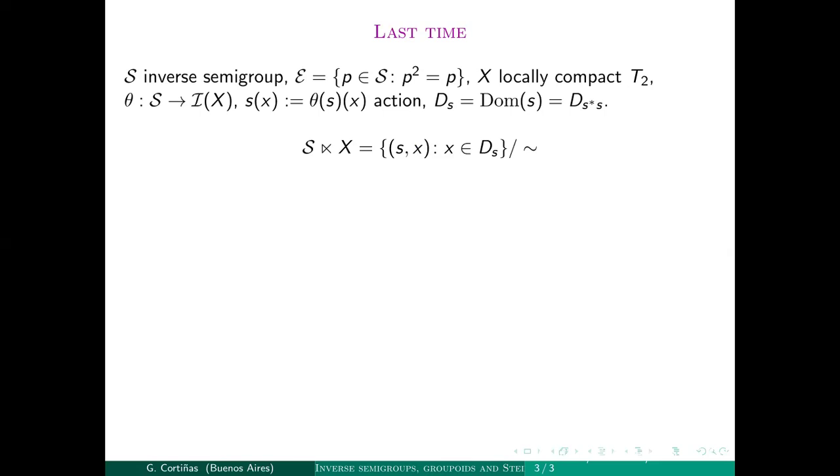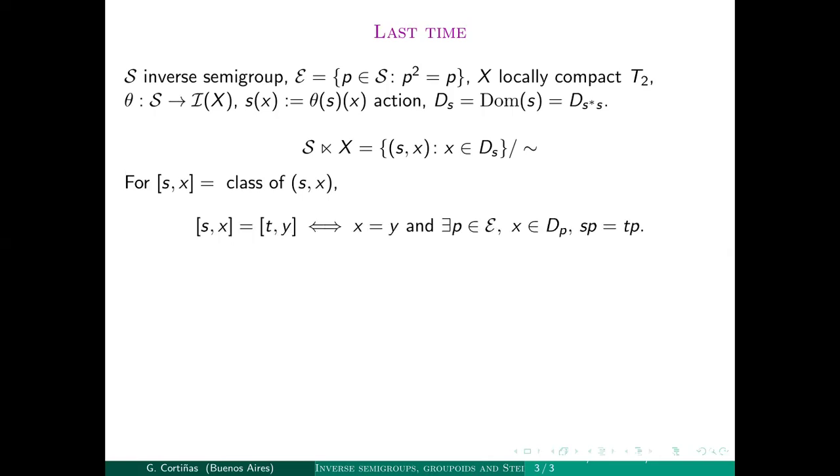The transformation groupoid of the action is the quotient of the pairs (s,x) with x in the domain of s by the equivalence relation, so that the class of a pair (s,x) is equal to the class of a pair (t,y) if and only if x is equal to y and there is some idempotent p, so that x is in the domain of p and sp equals tp. If we have an open subset U in X, we write [s,U] for all the [s,x] with x in U.